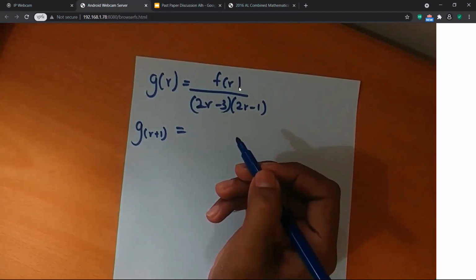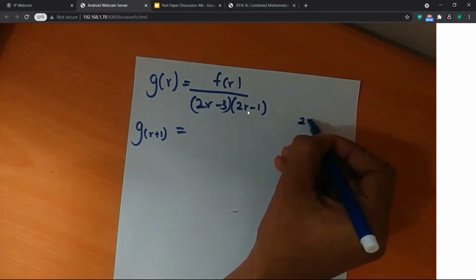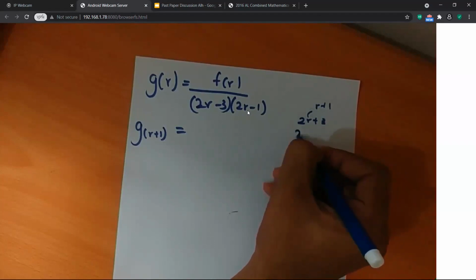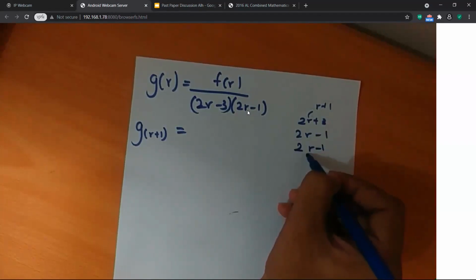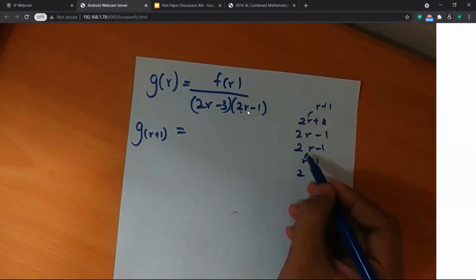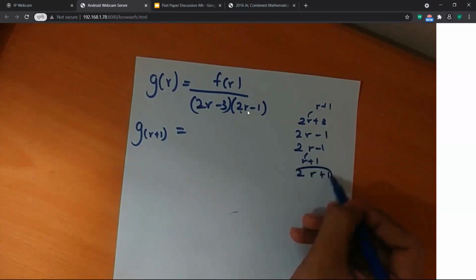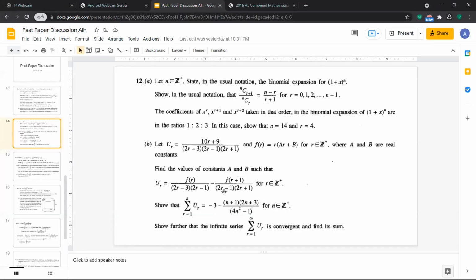Then if you substitute r plus 1 here, 2r minus 1 becomes 2(r plus 1) minus 1, which is 2r plus 2 minus 1, so you get 2r plus 1. Right, now look at the answer again. Here the denominator is (2r minus 1)(2r plus 1).